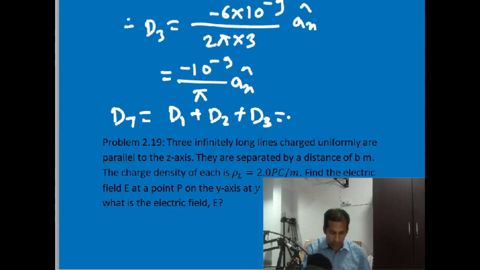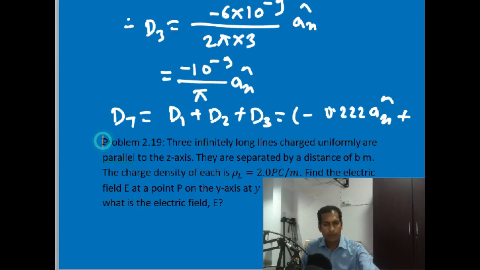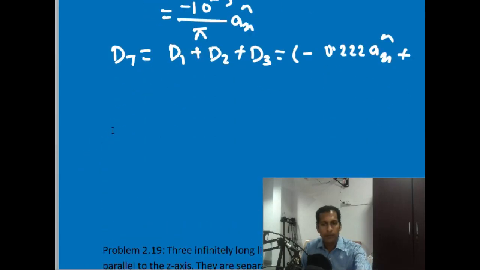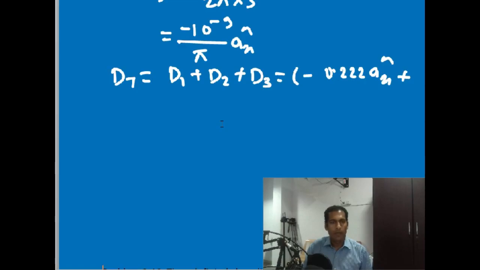This total will be equal to minus 0.222 AX cap plus 0.286 AY cap.